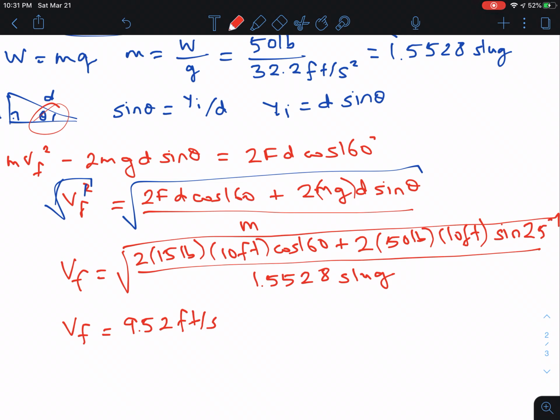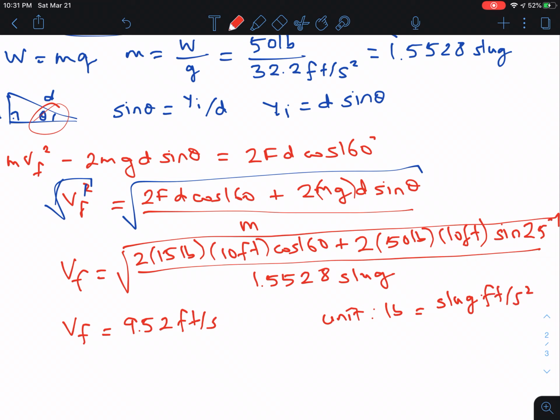And the way to get the feet per second is thinking about that kind of unit check. Pounds is what? It is mass times acceleration. In English units, mass is slug. Acceleration is feet per second squared.